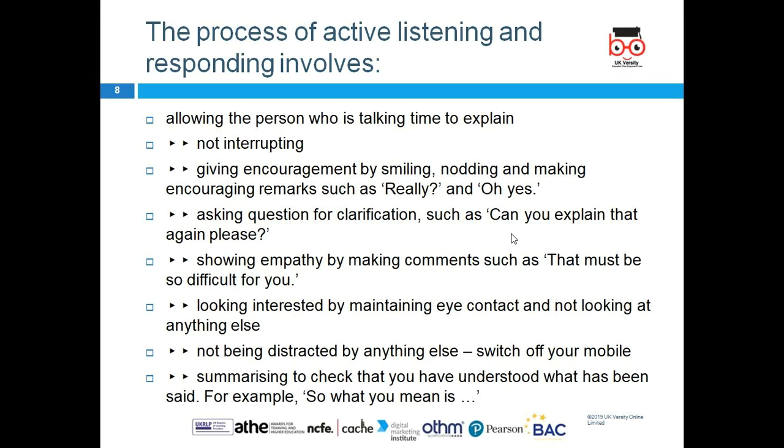Look interested by maintaining eye contact and don't look at anything else. Don't be distracted. Switch off your mobile phone or put your charts away. And summarize to make sure that you've understood what they've said. So once they've spoken to you and told you about any issues that they may be having, you can say, oh, so what you mean is, and then just do a small summary of what you think they have said to you, just to make a good clarification.